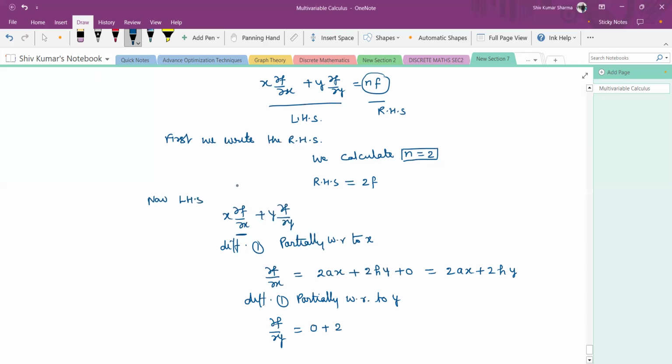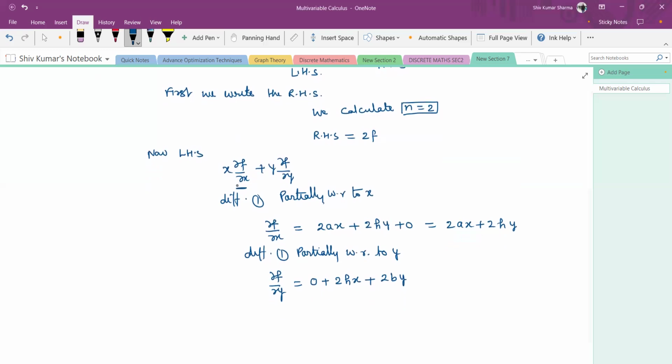Plus the second term 2hx, the derivative of y is 1, plus b y square, which means plus 2by. Okay, so these values we substitute in the above equation. This we can consider as equation number 2.